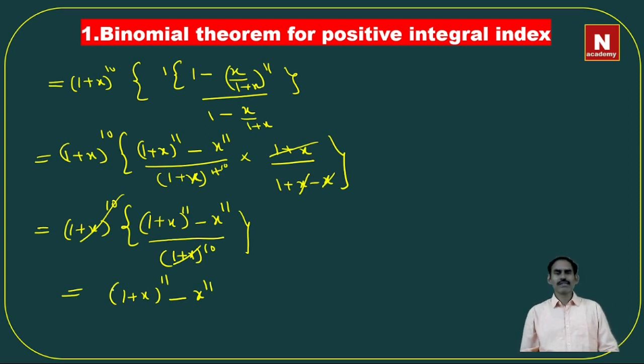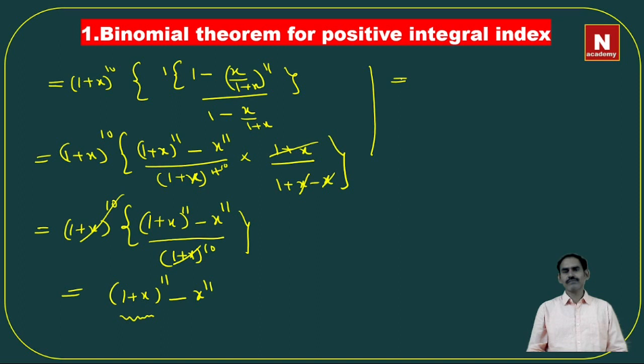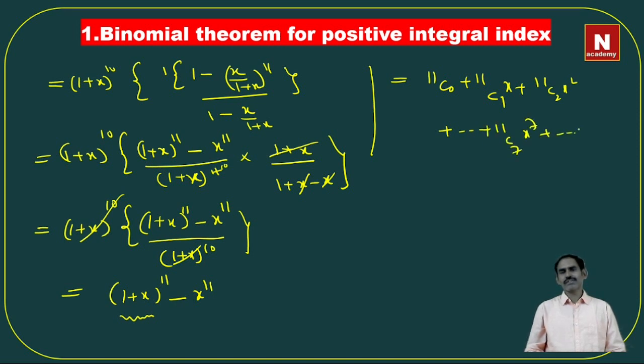Now here we are asked the coefficient of x power 7. So what is the coefficient of x power 7? The expansion is like this, and easily we can expand this: 11c0 plus 11c1 x, 11c2 x square, and so on, 11c7 x power 7 and so on.